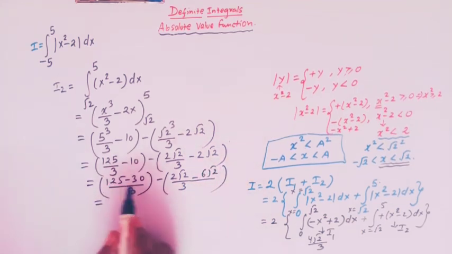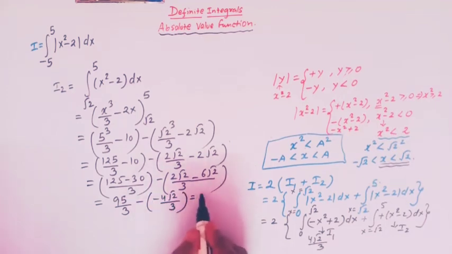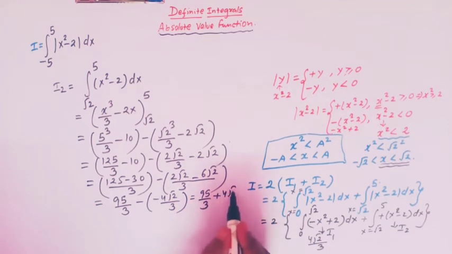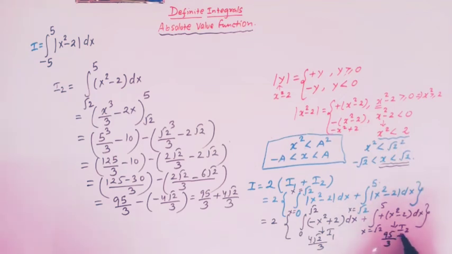And now 125 minus 30 is 95, and here we have 3, then we have minus 4 root 2 over 3, and this is 95 over 3 plus 4 root 2 over 3. Minus and minus, it becomes plus, right? So the value of I2 is 95 over 3 plus 4 root 2 over 3, right?